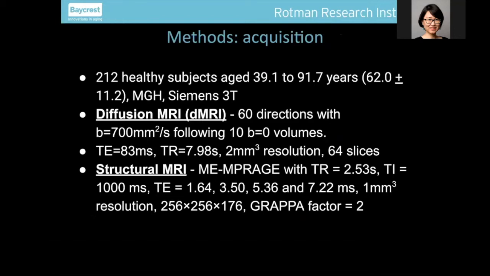As I mentioned before, we have 212 healthy subjects, ranging from 39 to 92 in age. This is from an MGH Siemens Trio 3 Tesla scanner, 60 directions with a single b-value of 700, and we also acquired anatomical scans for reference.